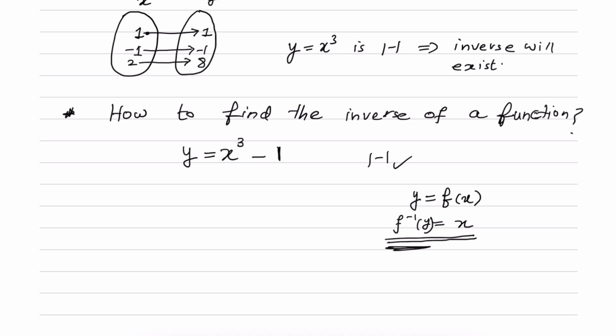So let's try to find x. Coming back to y equal to x cube minus 1, I'm bringing 1 to the other side. y plus 1 equal to x cube. Again, my goal is to keep x only on one side. So on both sides, I will take the power 1 over 3.